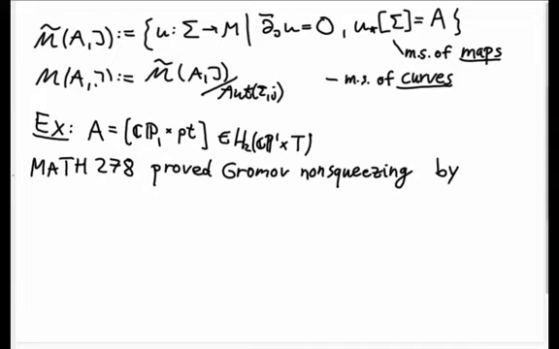And we did that by finding a holomorphic curve. More to the point, we found a specific almost complex structure and a curve in the moduli space for that complex structure.